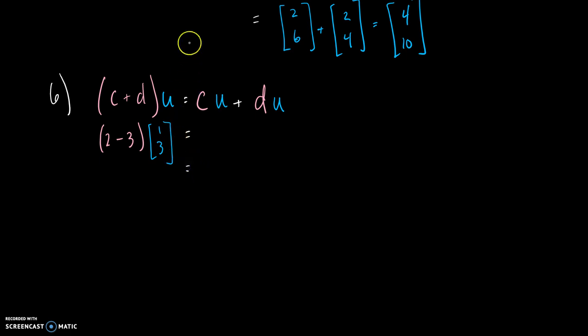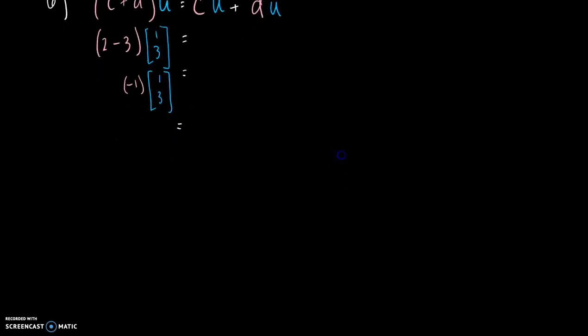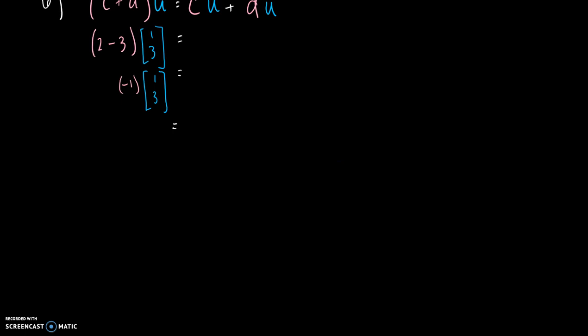That's going to be equal to negative 1 times (1, 3), which is simply (negative 1, negative 3). So we have (negative 1, negative 3), and I'll leave it to you to verify the right side of that equation. Moving along, we have 2 more properties to go over really quickly.